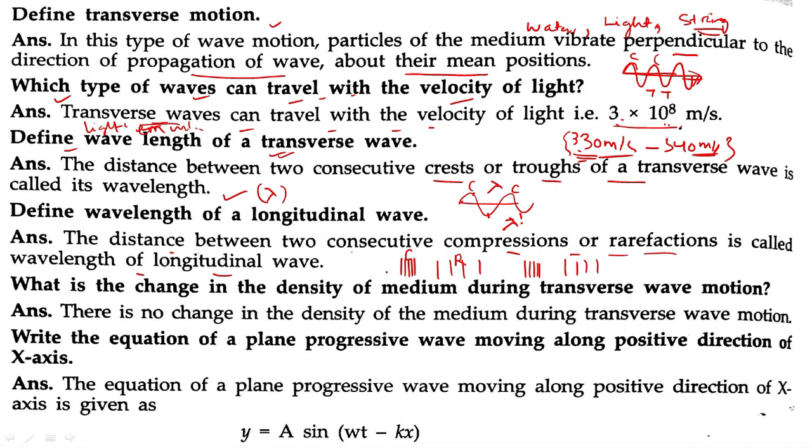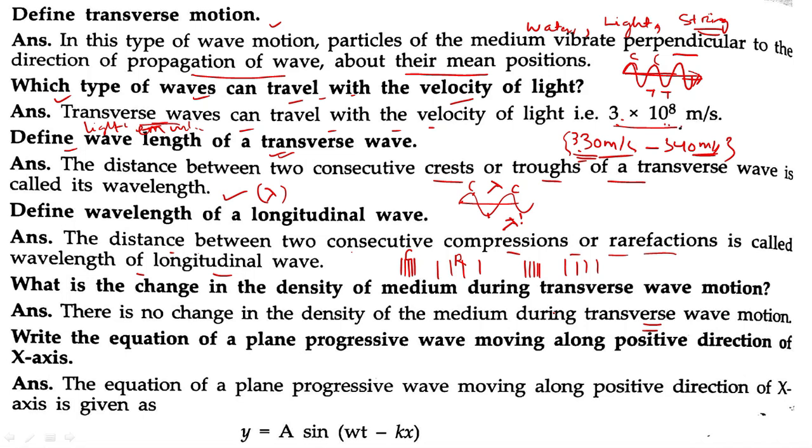Okay, clear? Next, what is the change in density of medium during transverse wave motion? There is no change in density of the medium during transverse wave motion. Medium means, suppose a wave travels inside a water medium or glass medium or air medium.